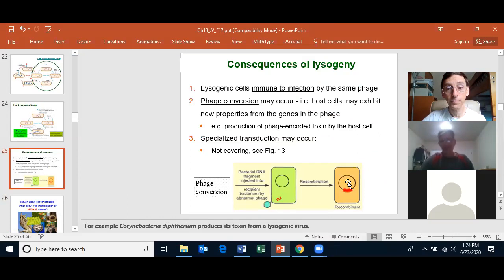So another lysogenic virus will not infect this cell. So this cell is immune to infection by the lysogenic virus. And that's because it already has the lysogenic virus in it and is following the lysogenic life cycle. Any question about that?